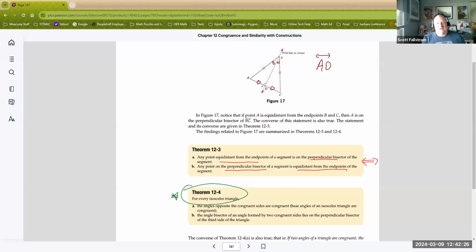It also cuts the angle A in half. So it is also an angle bisector. So the angle bisector of an angle with two congruent sides lies on the perpendicular bisector of the third side. That is pretty cool stuff that we'll actually use, and I think you'll get a chance to see why.